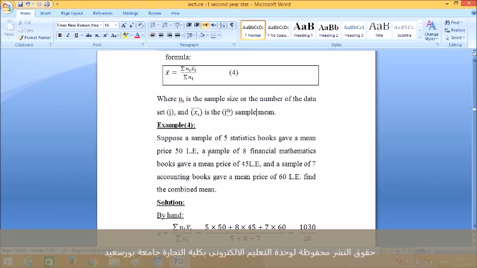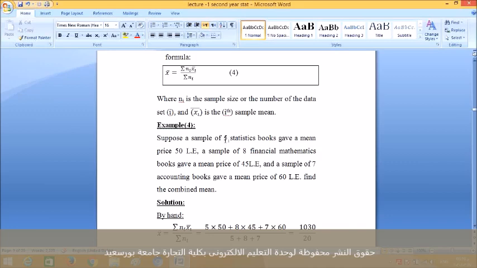Here's the first type. Sample size is 5, the second sample is 8 and the third is 7. So you can consider the sample size as a weight.